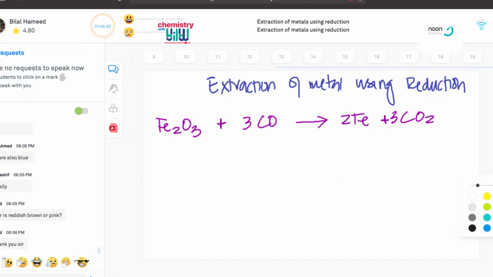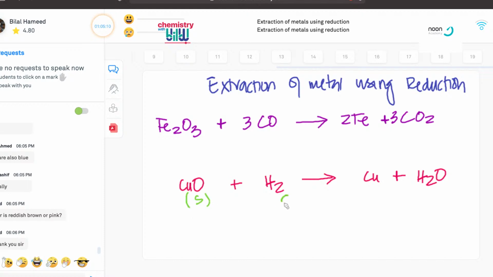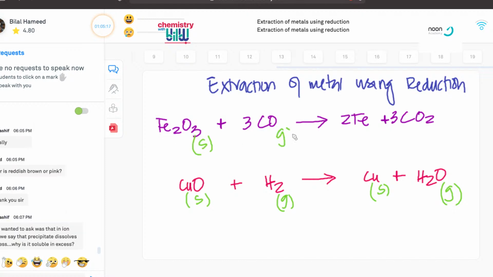And that was with carbon. And the less reactive ones like copper can react with hydrogen gas to make copper and water. Here it was solid, gas, solid, gas. Here, solid and gas make liquid and gas.